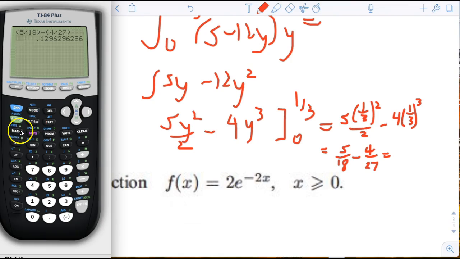See if we can. Math, number, fraction. There it is. It's in the first screen. 7 over 54. Okay, so that is the average, or the mean.